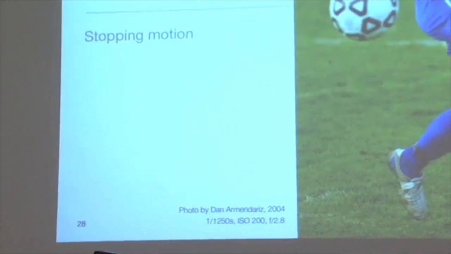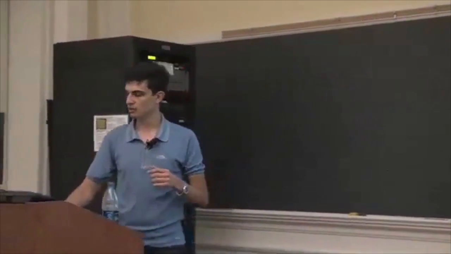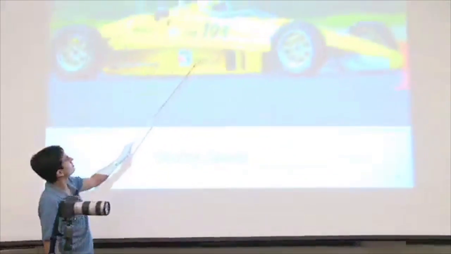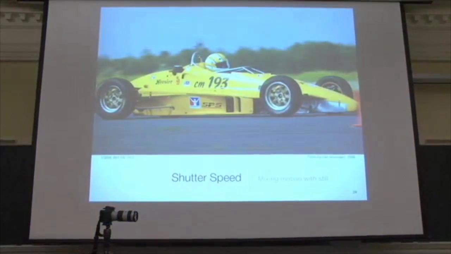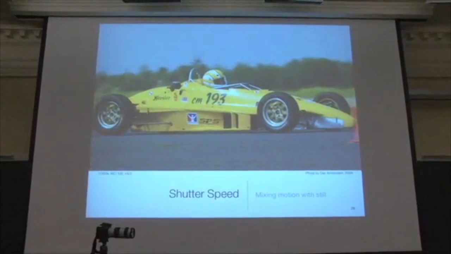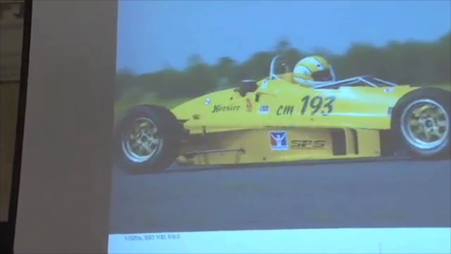However, there are some occasions, even in sports, where you don't want to freeze all of the action. Sometimes you want to do a mixture of both, freezing the action of the important bits and giving the perception of motion elsewhere. You can do this with a moderate length shutter speed and a very steady hand.